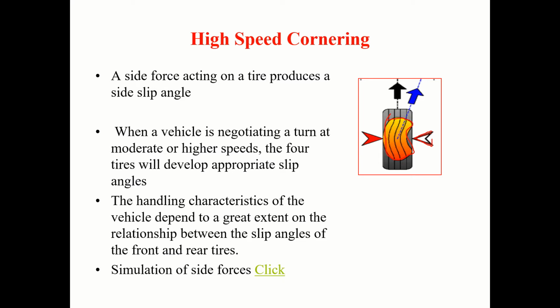If it is not squirming like this, then it is supposed to roll in this direction. Because of this, it is rolling in this direction. This is what I call tire slip angle. This happens because of the side force acting on it.